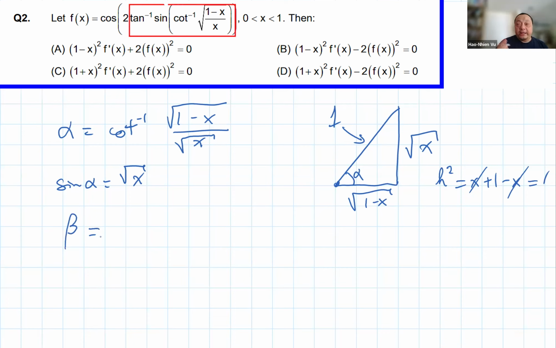Now let's go to tangent inverse. Tangent inverse, let's call that angle beta. And that means the angle beta is the tangent inverse of square root of x. Well, let's now draw a right triangle for tangent inverse.